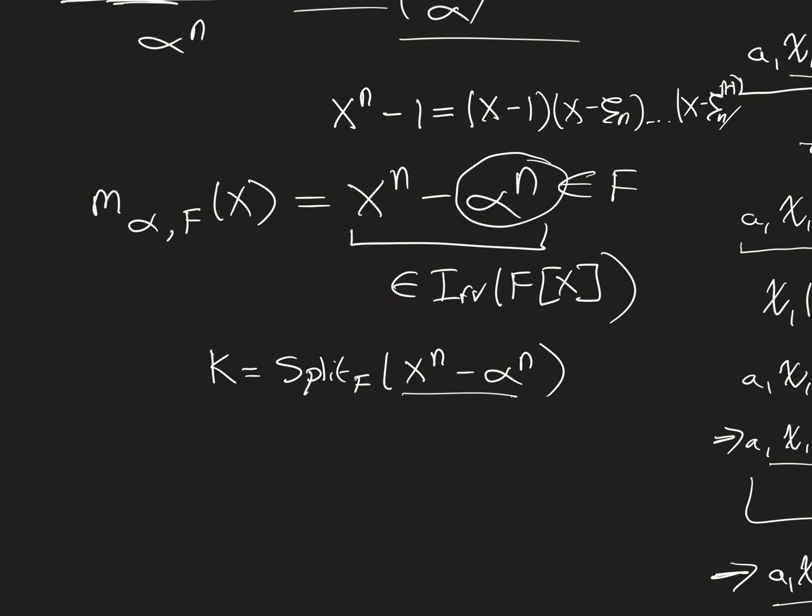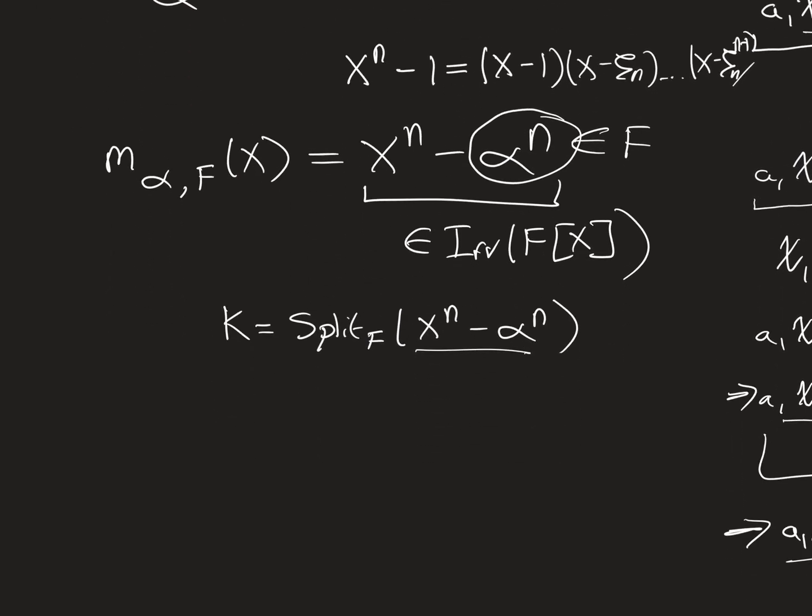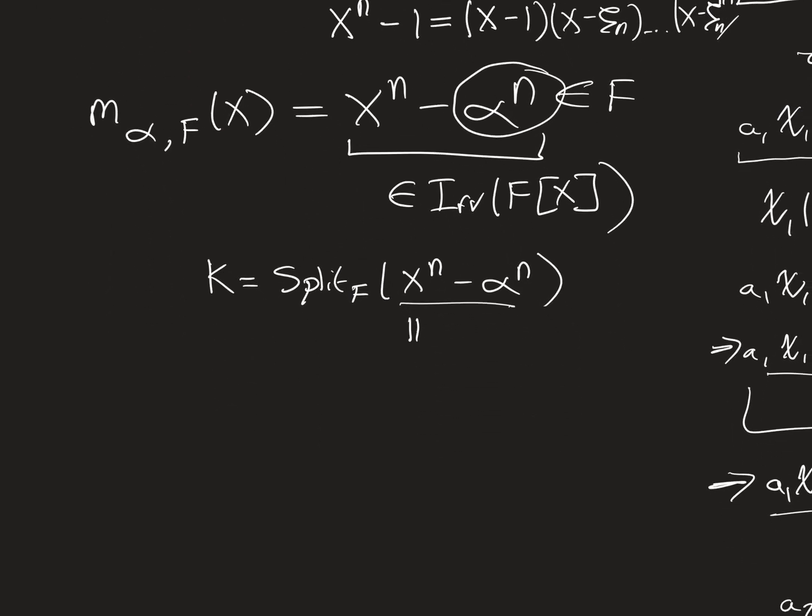Once you've got alpha, you've got alpha zeta_n squared, etc. So this splitting field is equal to F adjoin alpha, and we've argued that F adjoin alpha is equal to K, so therefore K is equal to the splitting field of this.